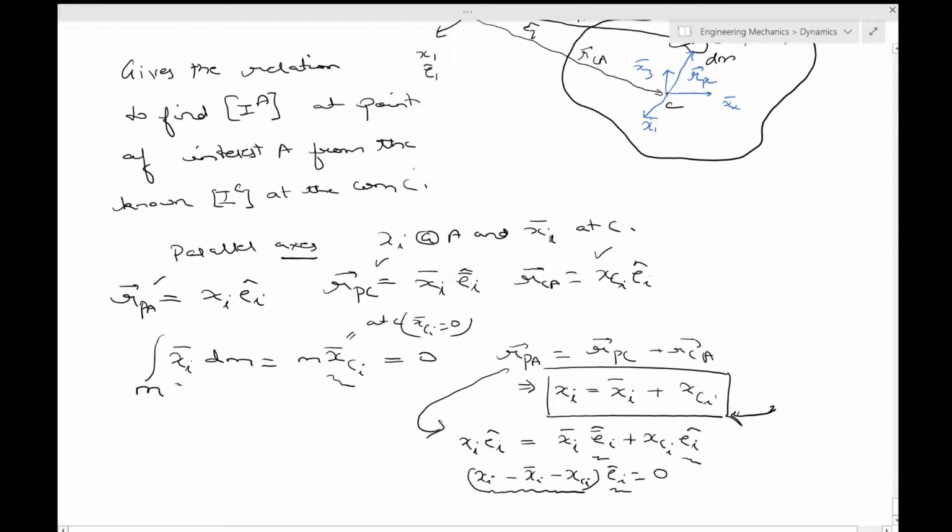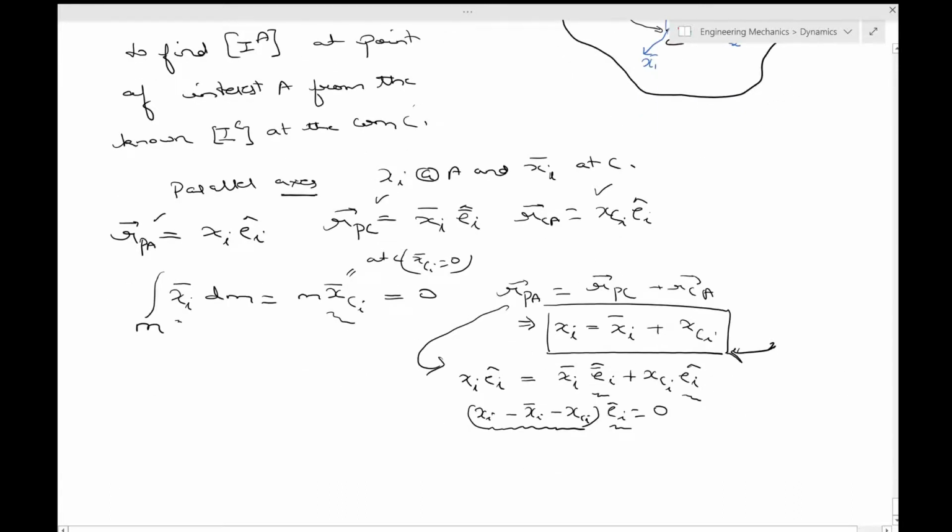Now write I11 of A. This, as you know, can be written as the integral of x2 square plus x3 square dm.